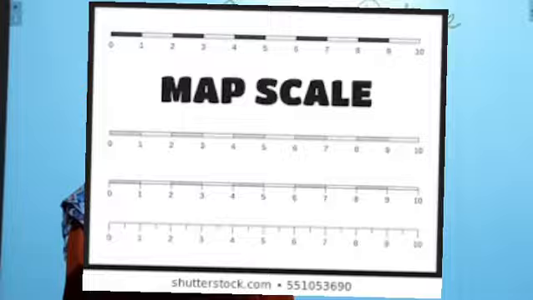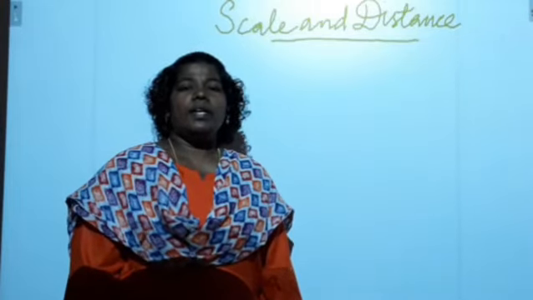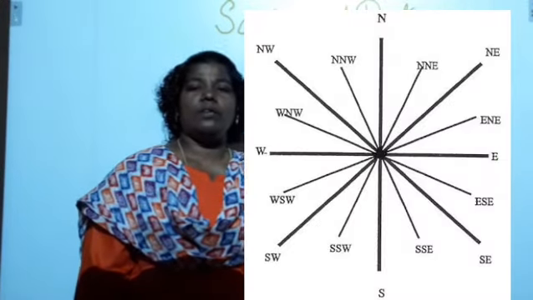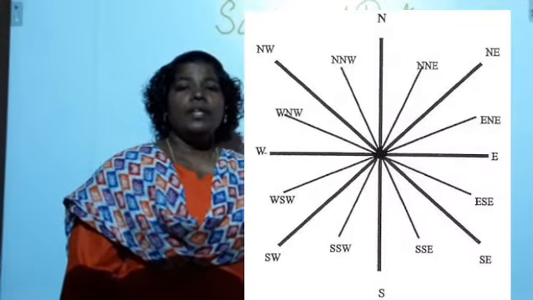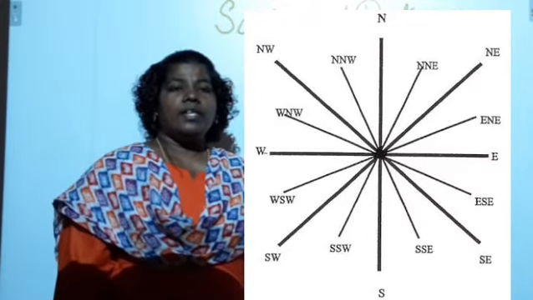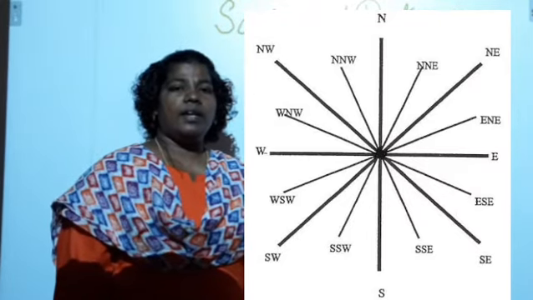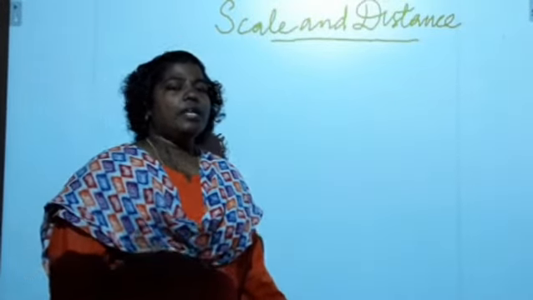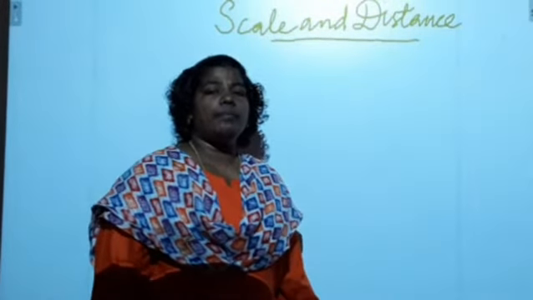There are 2 important directions, cardinal direction and intermediate directions. Okay, and these intermediate directions again divided into different directions, 8 main directions. And the next thing, you have already learned legend and keys, the different signs and symbols, the different colors that are used in the map, how these help us to read the map better.